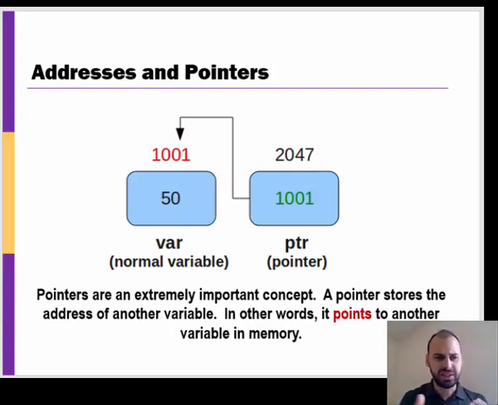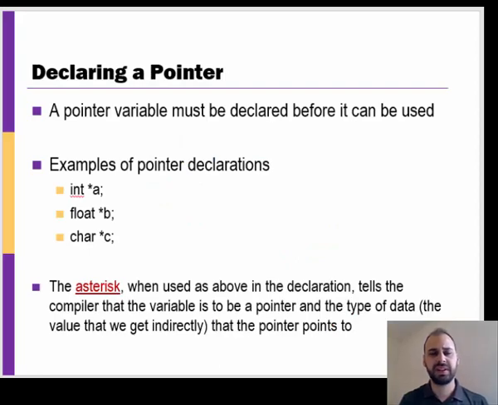Let's go into some of the syntax here and explain this concept a little further. The first thing related to syntax is being able to declare pointers. We want to say, hey, I've got a pointer, and I want to indicate that this variable is of that type.